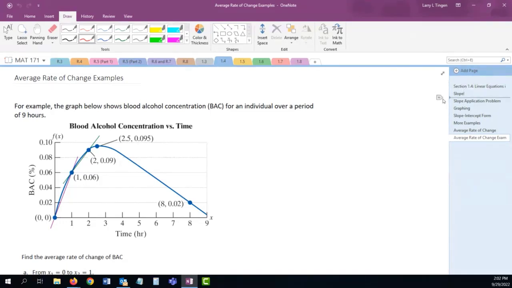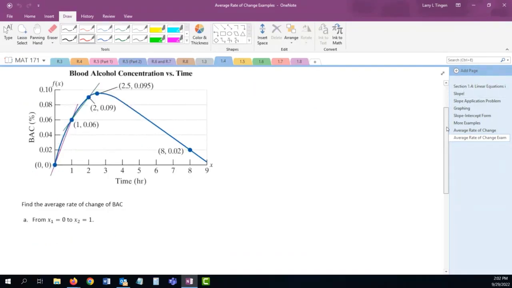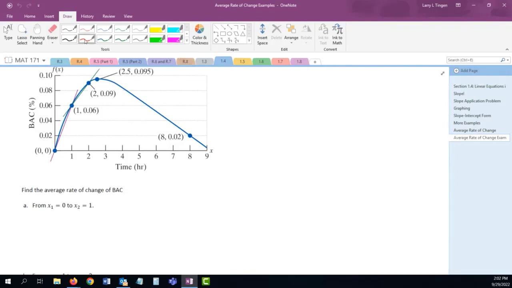So I'm asked to find two things. I'm asked to find the average rate of change of blood alcohol from x sub 1 is 0 to x sub 2 is 1. Okay, and that just means from 0 to 1, so from the start until 1 hour in. Rate of change is, remember, the slope.